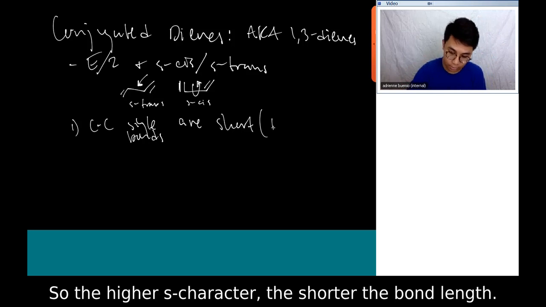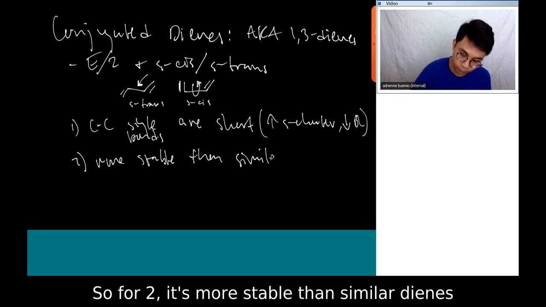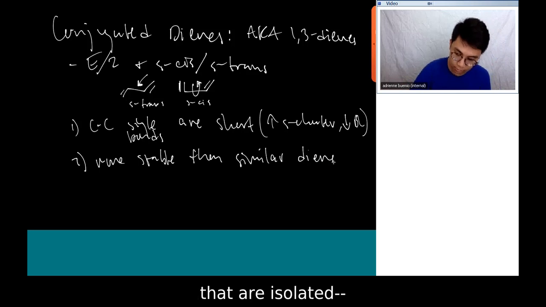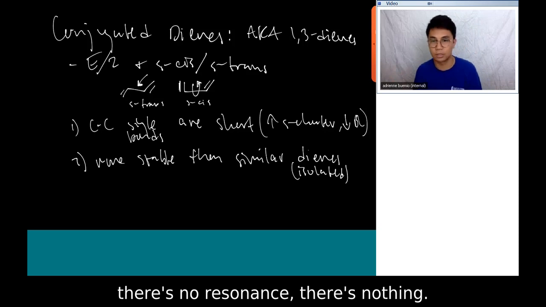The higher the S character, the shorter the bond length. Two, it's more stable than similar dienes that are isolated. Obviously, because there's no conjugation happening, there's no resonance, there's nothing.